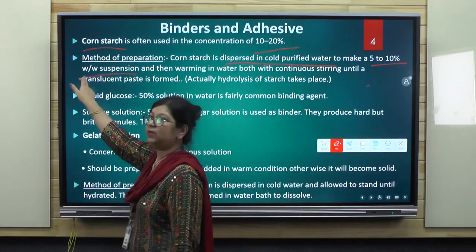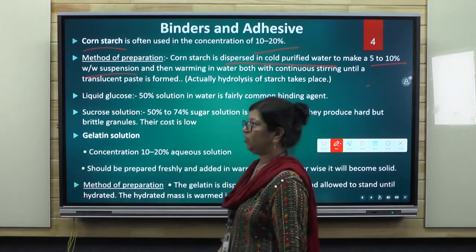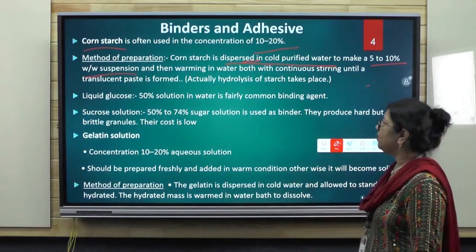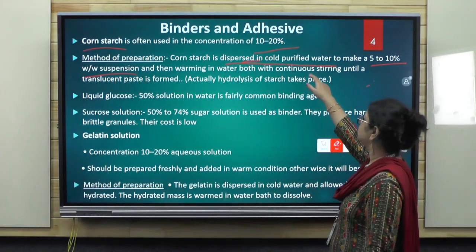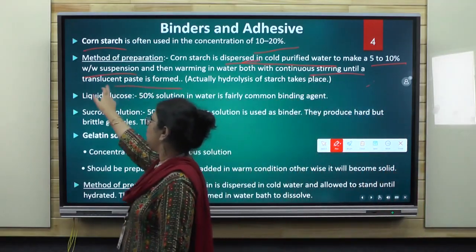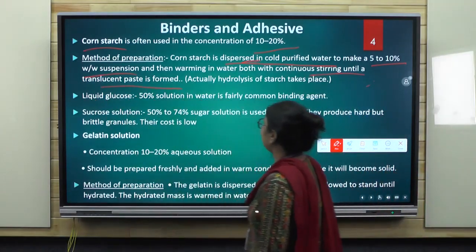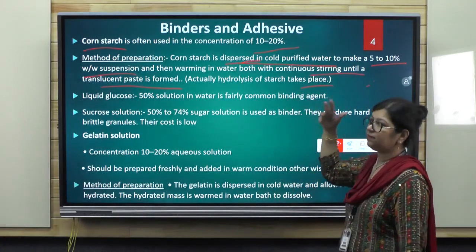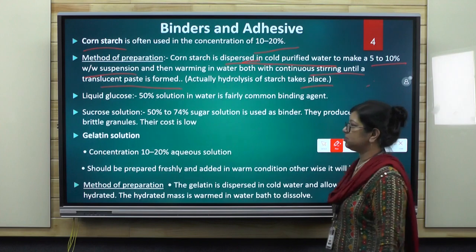Because it is not soluble in water, it is a suspension, dispersed in cold water, and then warmed in water, both with continuous stirring until a translucent paste is formed. And in this process, hydrolysis of the starch takes place.